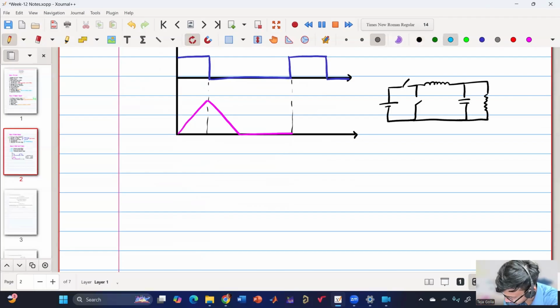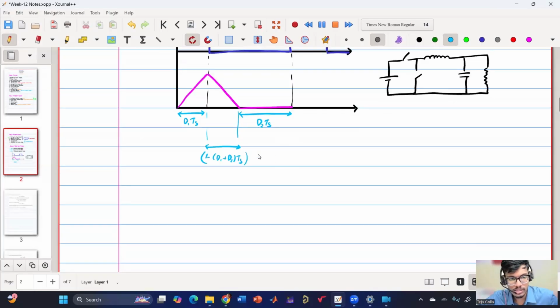Say this is D1 TS and this is D2 TS. Then this region will be 1 minus D1 plus D2 into TS. Whatever we do, everything else remains the same.